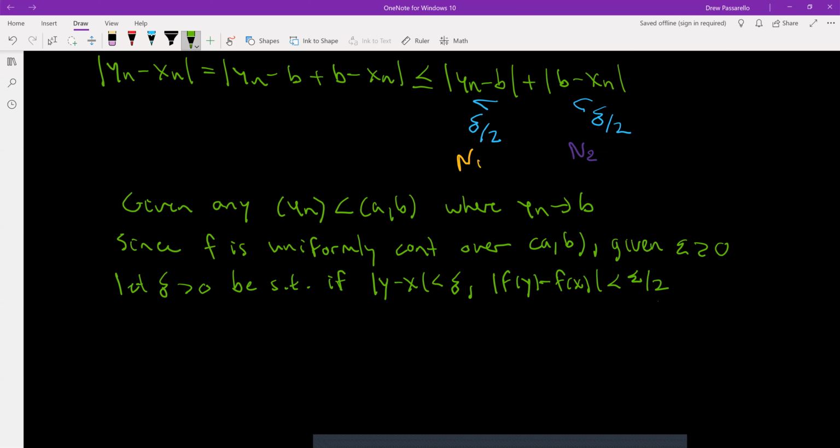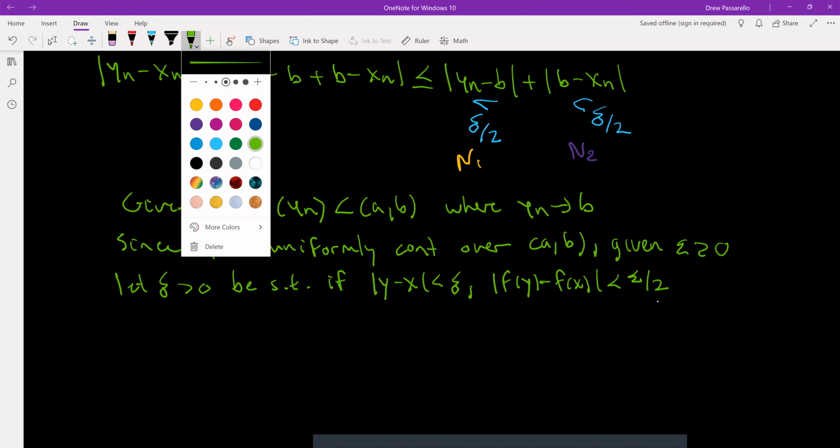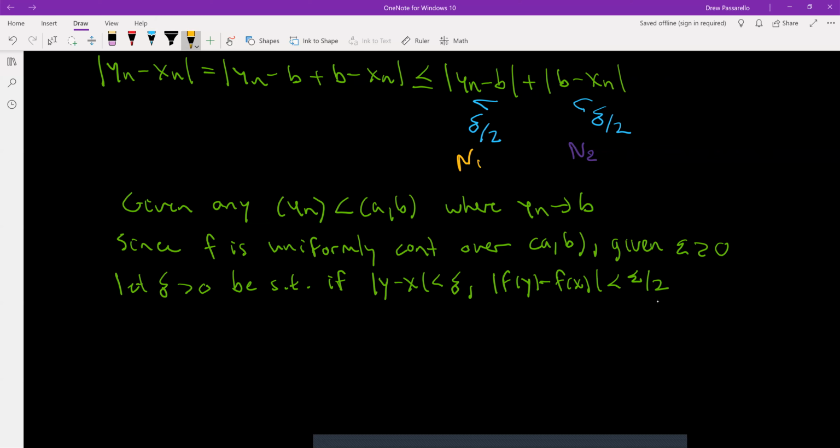So let n1 be such that if little n is bigger than n1, then we have that the absolute value of yn minus b is less than delta over 2.